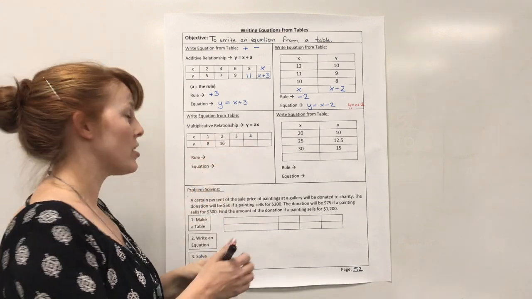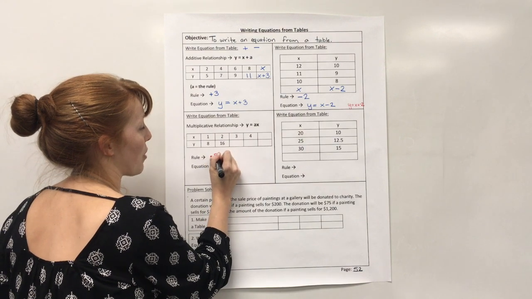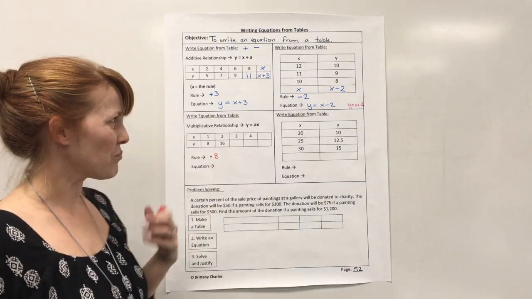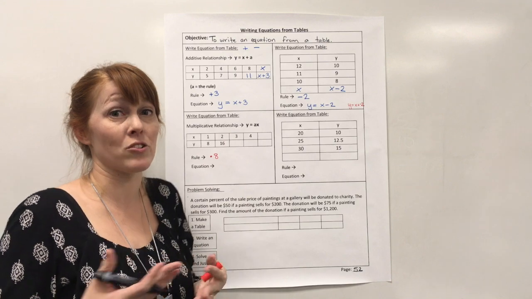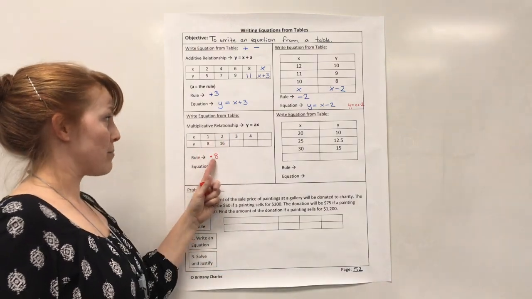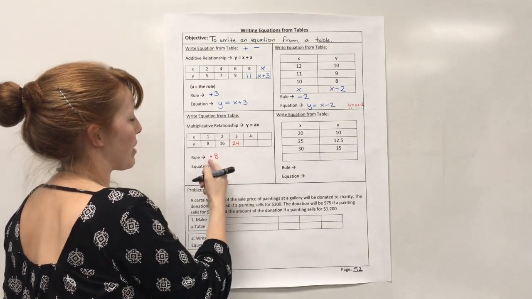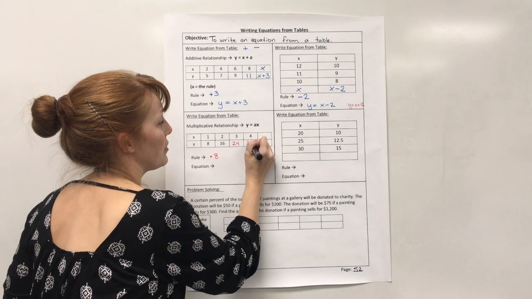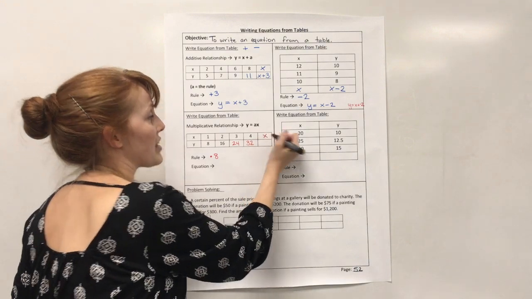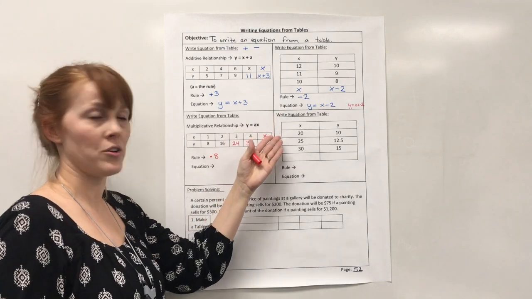Then I would continue that pattern. My rule is times 8. I'm going to use a dot to represent multiply, because we don't want to use the times sign since it looks like an x. Then 3 times 8 is 24, and 4 times 8 is 32. Here I'm just putting x, which stands for any value I use.